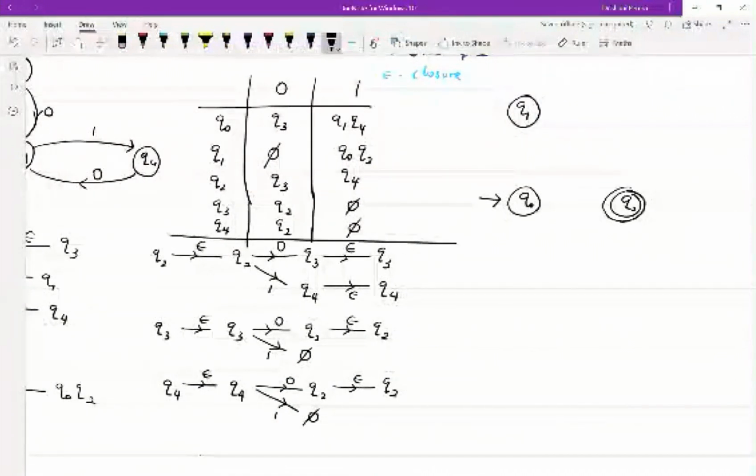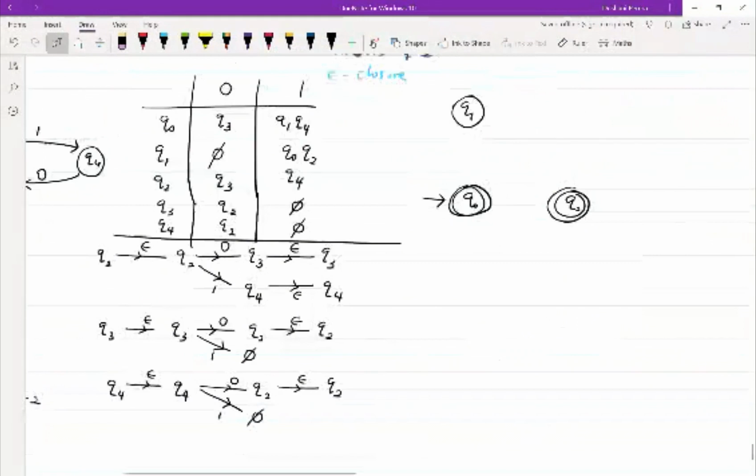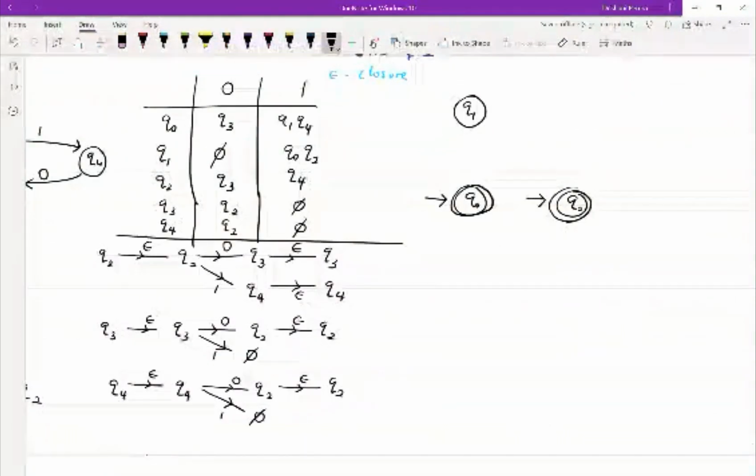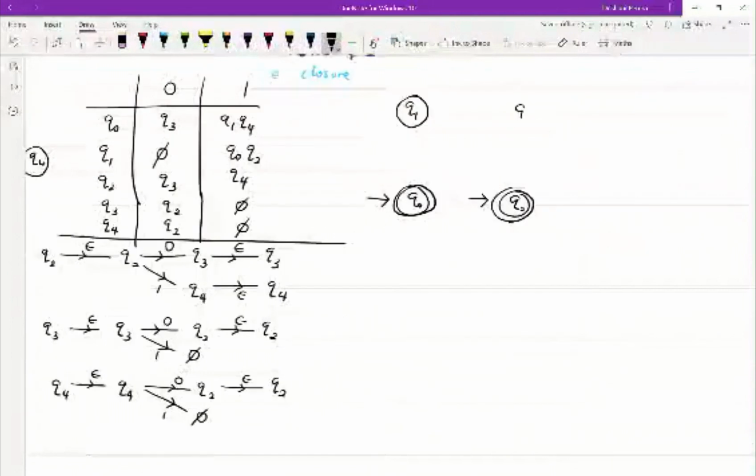But now since Q0 can automatically go to Q2 without an input symbol, Q0 also becomes a final state. At the same time, since Q0 can automatically go to Q2 without any symbol, Q2 also becomes an initial state, because both of them act like one state. So both should be initial and both will be final as well. Then you have Q3 and you have Q4.